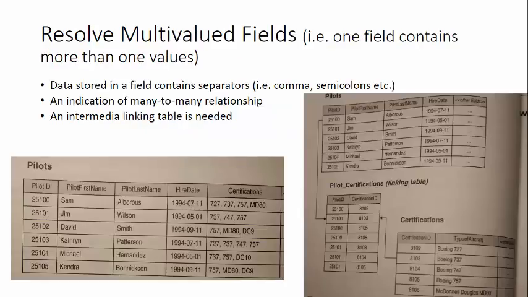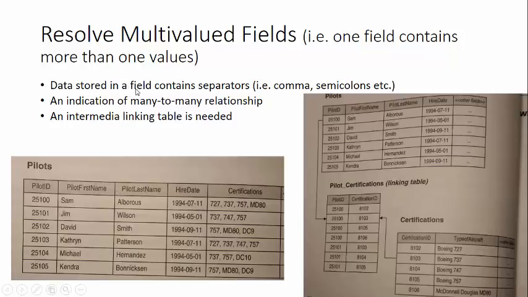Another one is more subtle. That is to resolve multiple valued fields. That is, one field contains more than one value. And you can actually spot those kinds of problems right away.